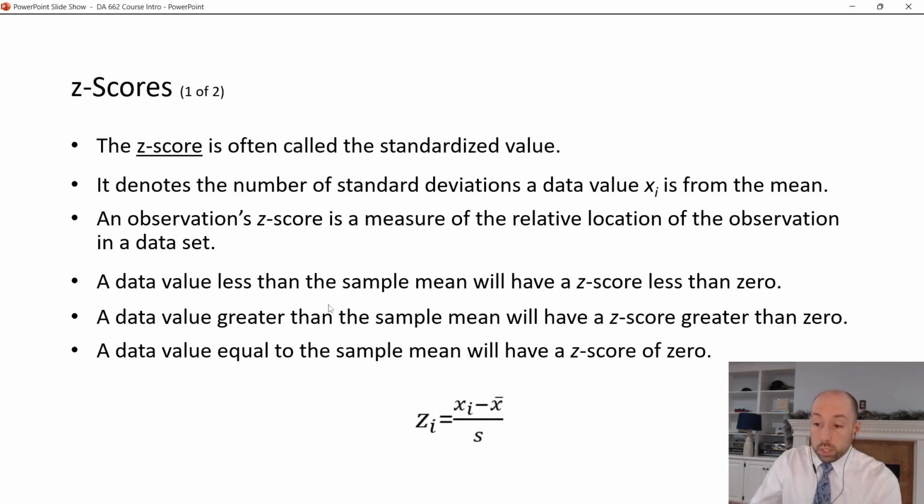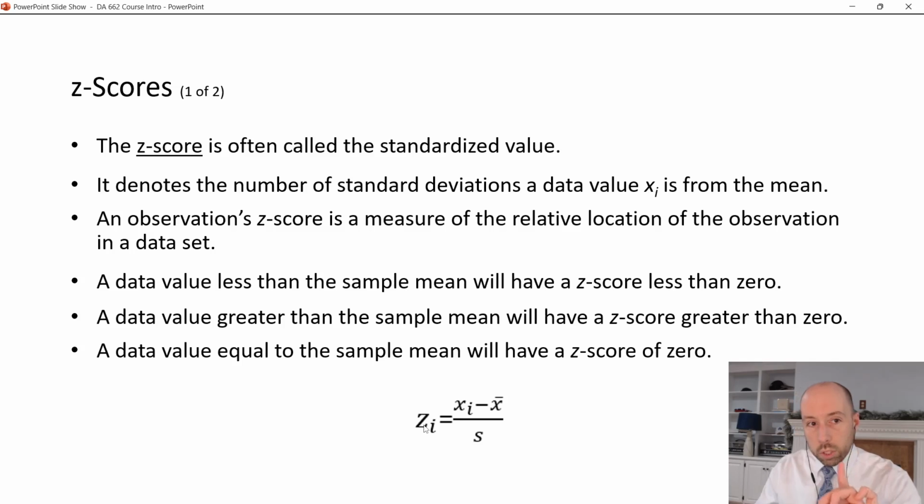All right, which is what it says here. A data value less than the mean will have a z-score less than 0. A data value greater than the mean will have a z-score greater than 0. And if an observation has a z-score of exactly 0, then it must be equal to the sample average, because the sample average is the only thing that would survive this formula here and turn into 0.